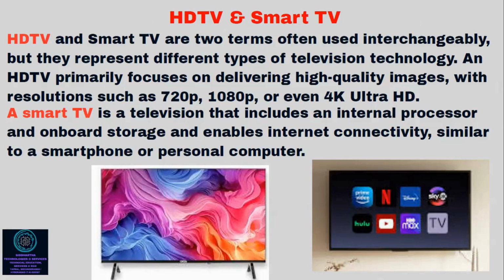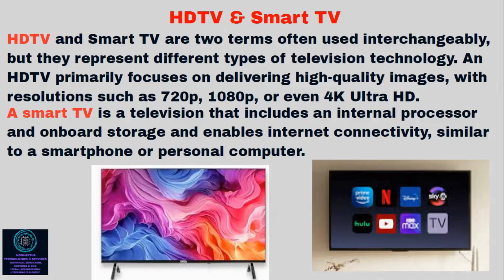Whereas a smart TV is a television that includes an internal processor and onboard storage and enables internet connectivity, similar to a smartphone or personal computer. In a smart TV, there are applications which can be run, and with the help of those applications a television program can be viewed. Nowadays what we have in our homes is a combination of HD and smart TV.